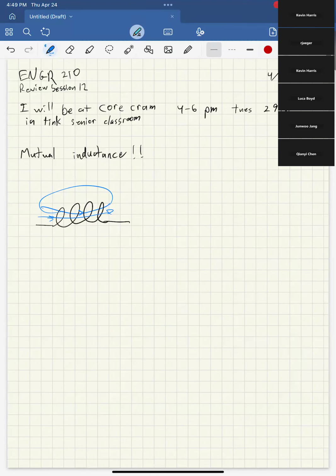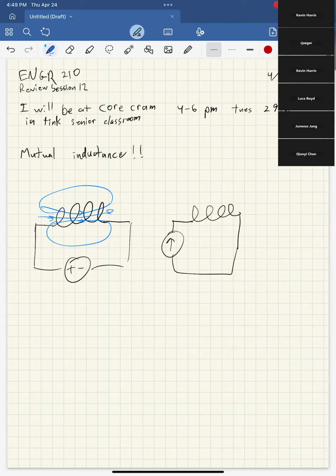However, magnetic fields exist in space. So if I have one circuit and its magnetic field, and another entirely separate circuit over here, some of that field might go through this circuit and make some current flow in it as well.